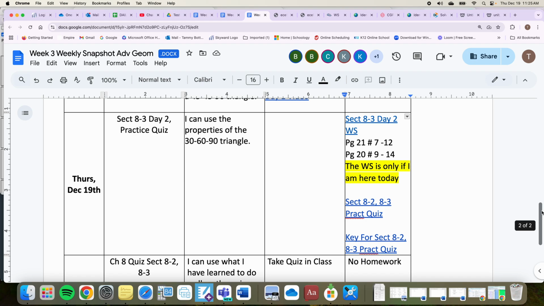Then the practice quiz, here's the key if you wanna look there. So you're gonna open this worksheet, do those problems on it, and then the practice quiz I gave you, you're gonna be able to check your answers either here or here, okay?